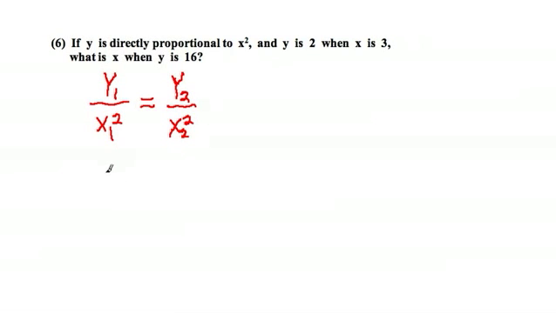And we plug in our numbers. So y is 2 when x is 3, so it's 3 squared. And we're saying, what is x when y is 16? So here we're looking for x, and it has to be x squared.